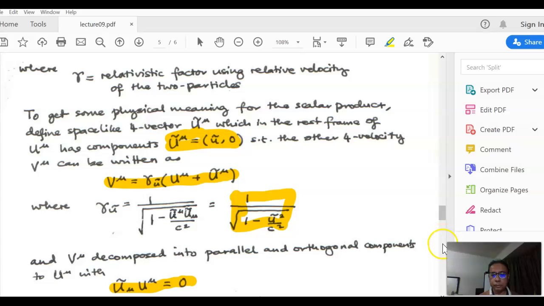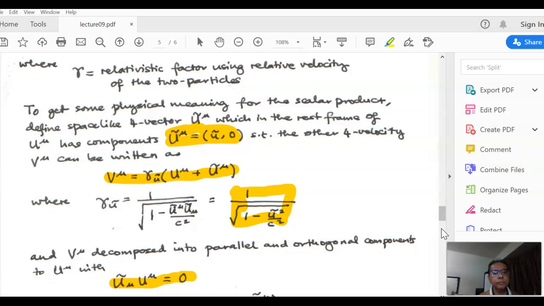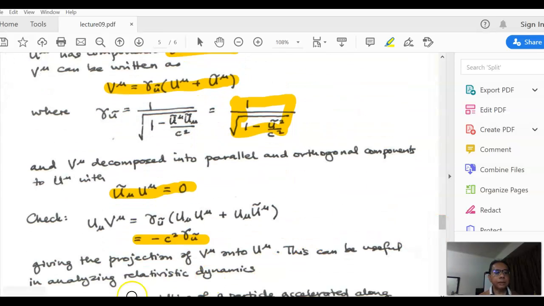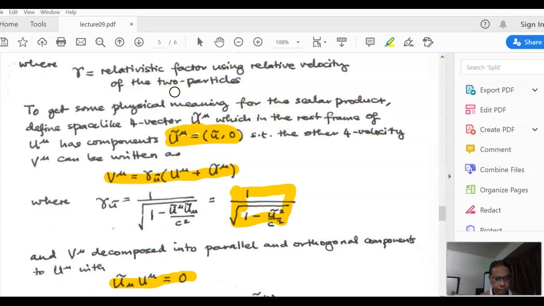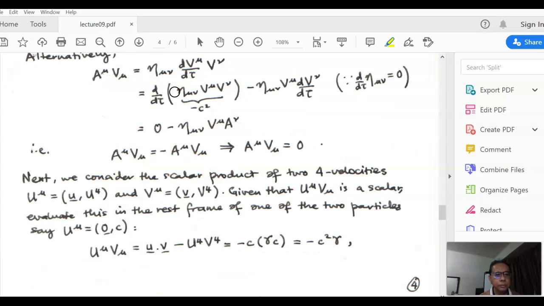Remember initially we did this for the case where we had U mu. Over here, the inner product we had is the one with the case where U mu is in the rest frame, and we get this answer from that assumption.